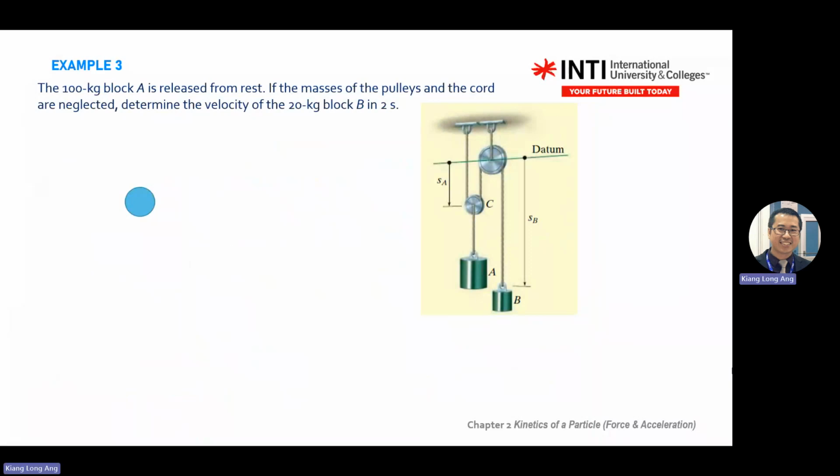SA becomes VA, SB becomes VB. Now you know the relationship between A and B. You move this one to the left, you get negative, right? Then A is also the same. You continue to differentiate. What is A and V? A equal to dv dt. You time differentiate this one, 0 still gets 0. V becomes A.